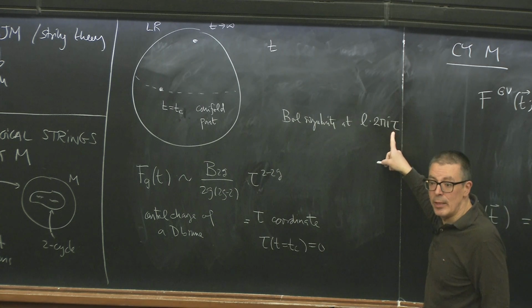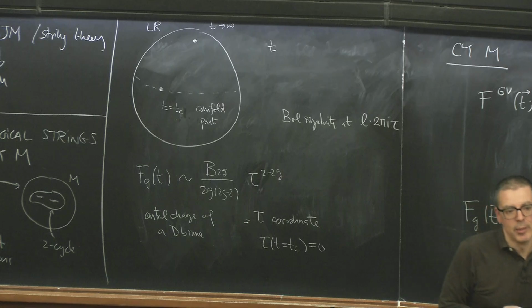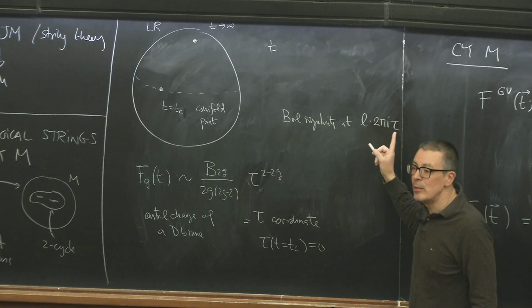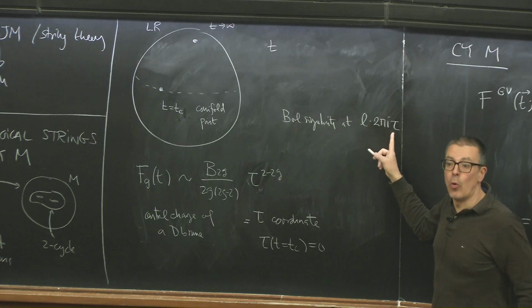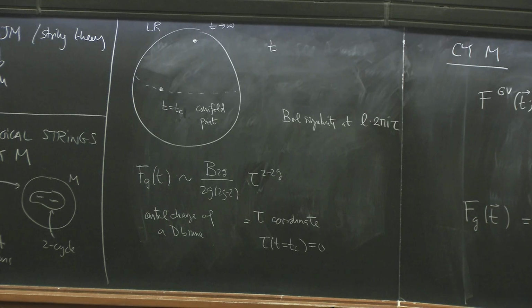Because tau is not t. Tau is not a D2 brane, generically. Tau is typically a D4 brane, or even in the quintic it is a D6 brane, okay? So the picture that emerges is that the location of singularities here is actually quite complicated, because we will have all these D0, D2 branes giving me Borel singularities.